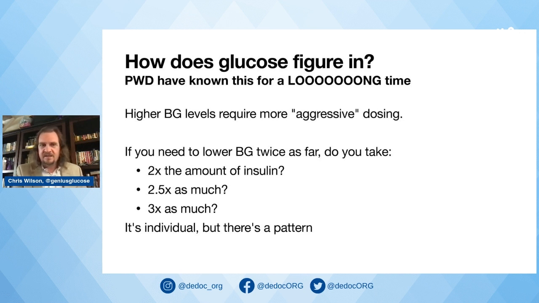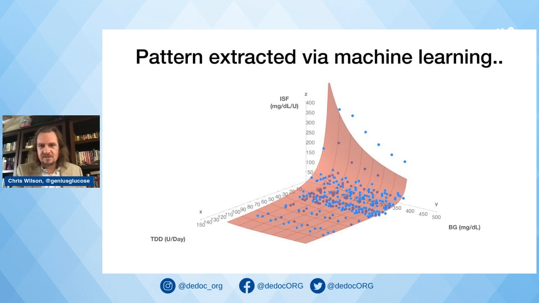It seemed very common in online discussions that people would say, well, yeah, when my blood sugar's higher, I need to get more and more aggressive with my dosing. But exactly how that is seemed to vary. But when I normalized it all against the total daily insulin that people used, a pattern emerged.